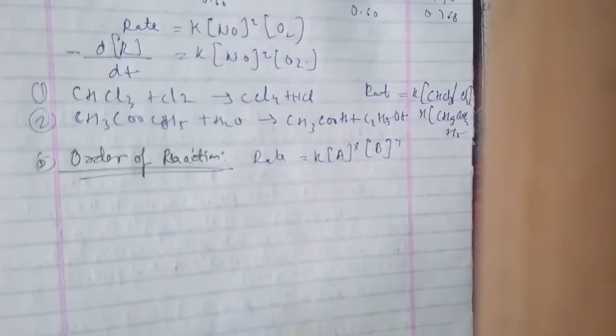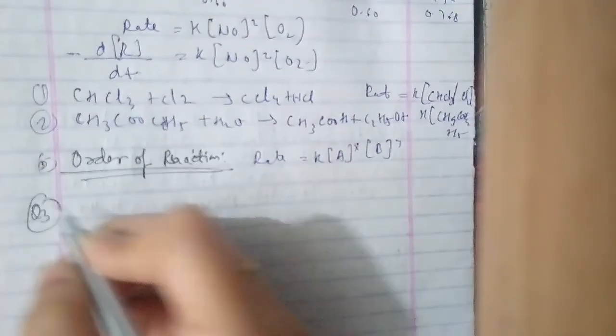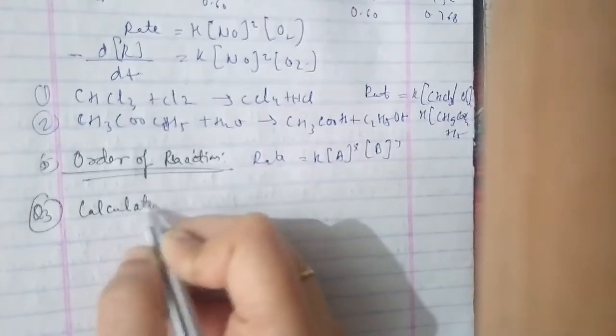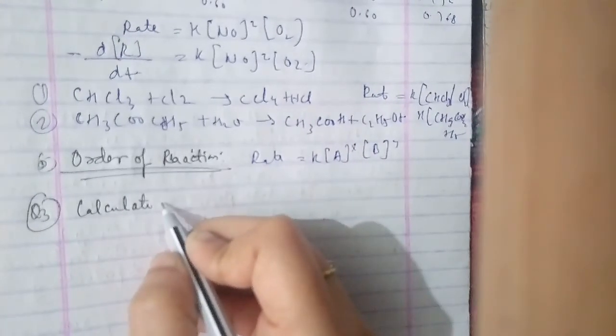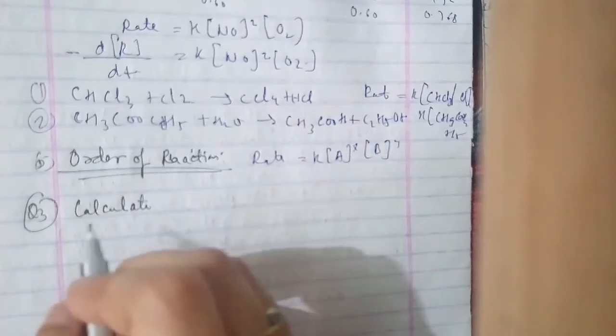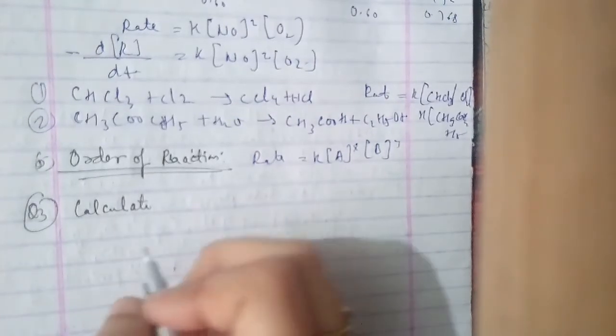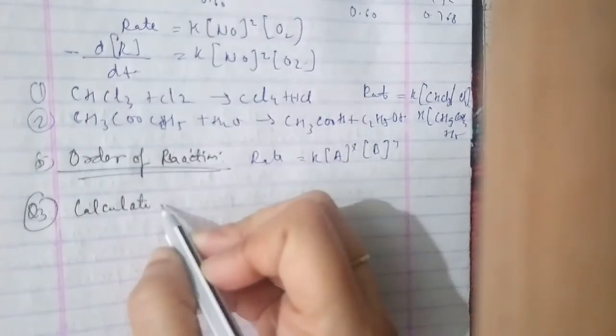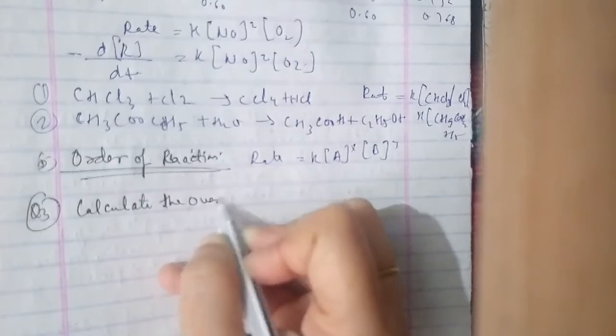So for the expressions, the first part is rate equals k [A]^(1/2) [B]^(3/2). We'll solve it out here.